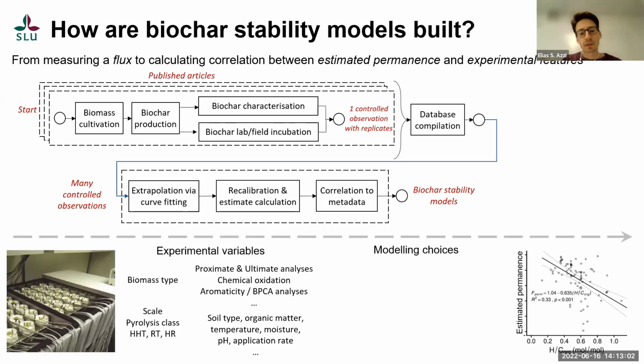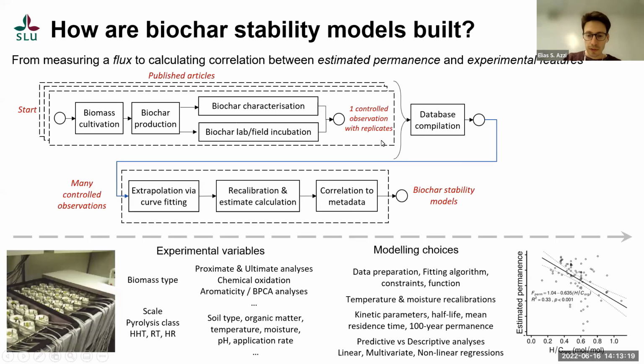And then the last step is to actually make a correlation attempt between the estimate of stability and the metadata we have from the experiment: the biochar characterization, the type of production condition, the environmental setup, and so on. And of course, this modeling is associated with many different choices that I try to exemplify here with some keywords of what is important. My job in this project is to do the data compilation and to do the modeling as well, here, these two colored boxes.